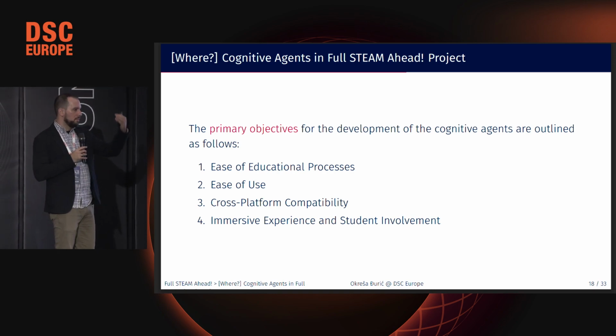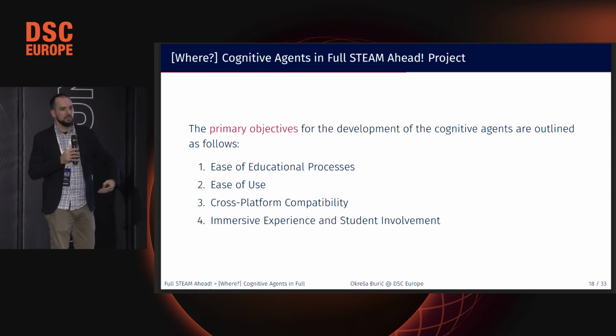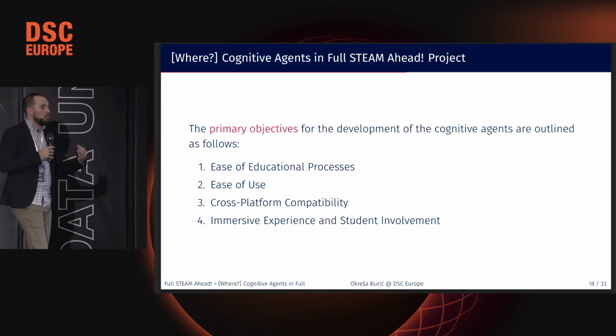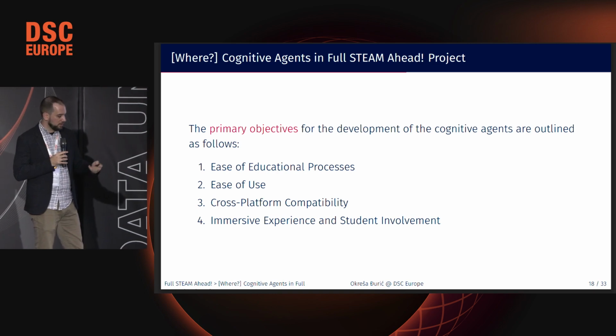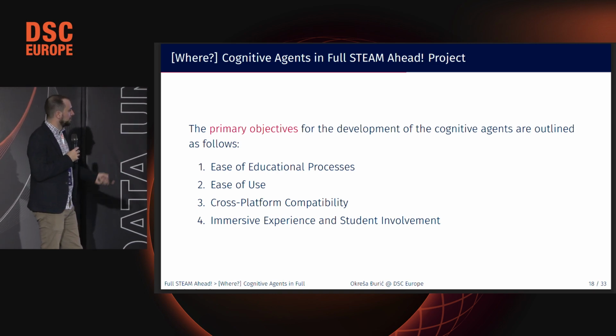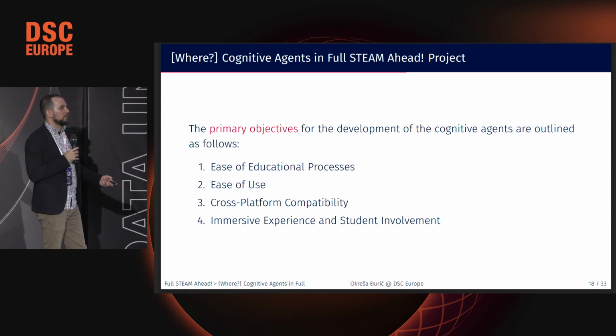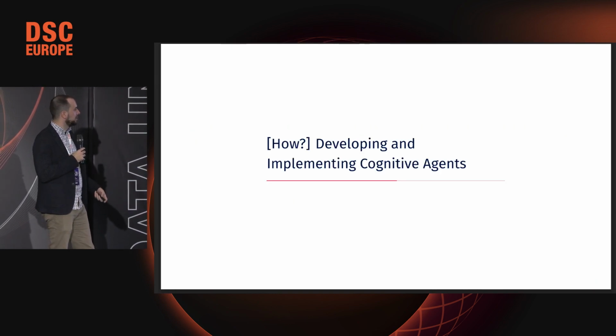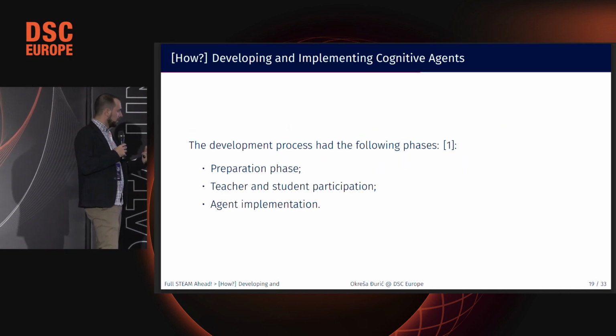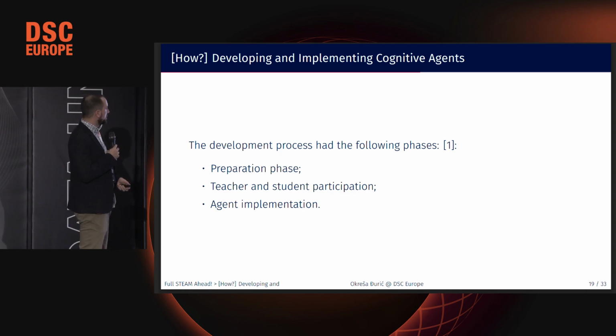So they could interact with the agent they developed and named. They were a part of designing and implementing the whole thing, which made them so much more engaged and locked in the whole process.